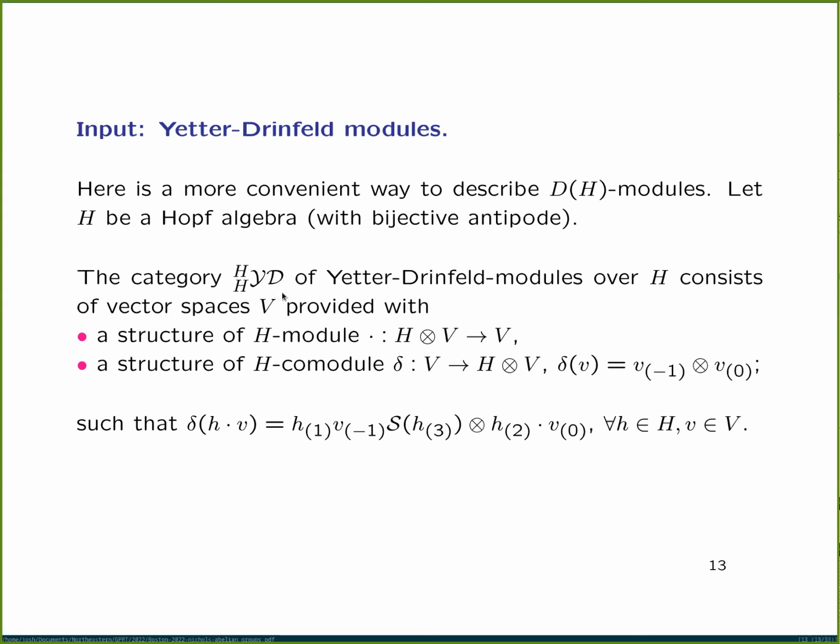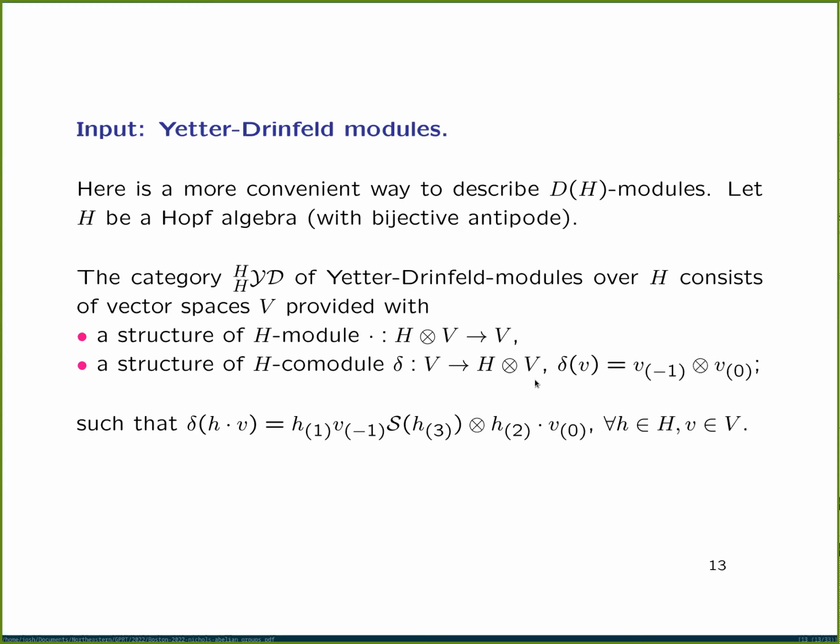One is an H-module, which takes into account the algebra structure of H, and the other is an H-comodule, which takes into account the coalgebra structure of H. I will use this notation as in Sweedler: delta of v is v_(-1) tensor v_(0).